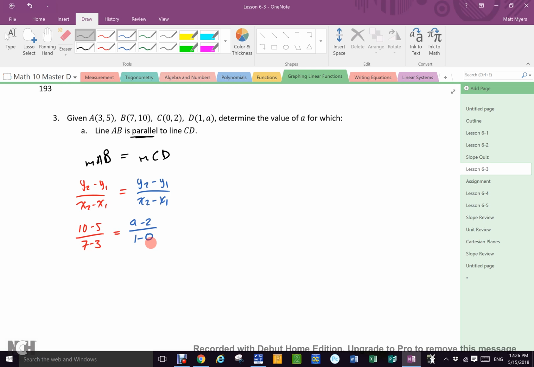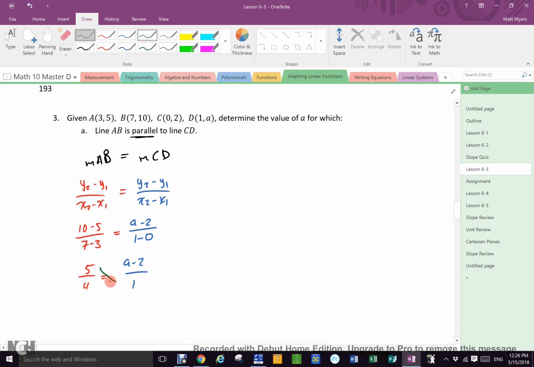Is every value that I know written down right now in one of the spots? Okay, what should I do now? Sure, first thing I should do is simplify. What's 10 minus 5? What's 7 minus 3? 4. A minus 2. What's 1 minus 0? 1. What do you do every single time in math, ever, when you have fraction equals fraction?